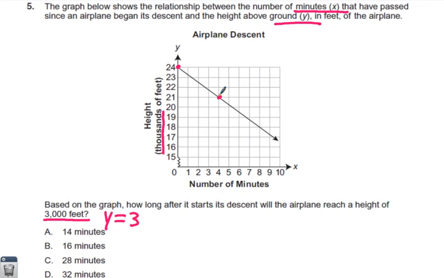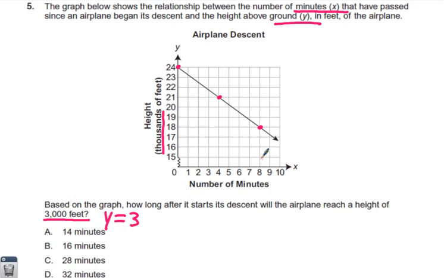So it looks like, and you can just keep that going, like go down 3 over 4 again, and again figure out how many times you would have to do that, or when you would ultimately get down to 3 for the Y coordinate, or 3,000 feet.